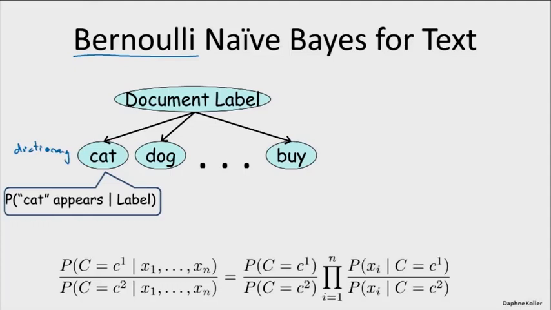And so you have a random variable for every one of those words, or at least the ones that occur in the kind of document that you're interested in thinking about. And for each word in the dictionary, we have a binary random variable, which is 1 if the word appears in the document, and 0 otherwise.